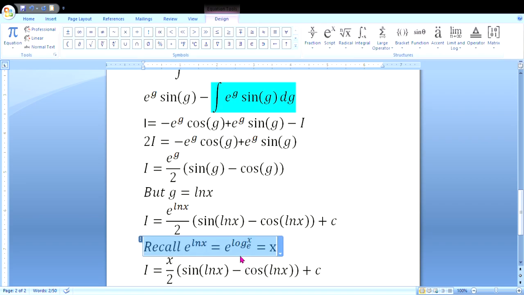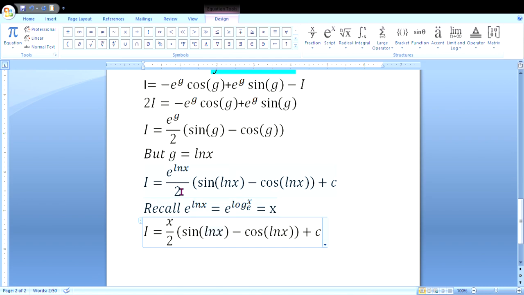So this whole expression turns out to be x. So I is equal to x over 2 open bracket sine ln x minus cos ln x close bracket plus an arbitrary constant. This is how to resolve this integral.